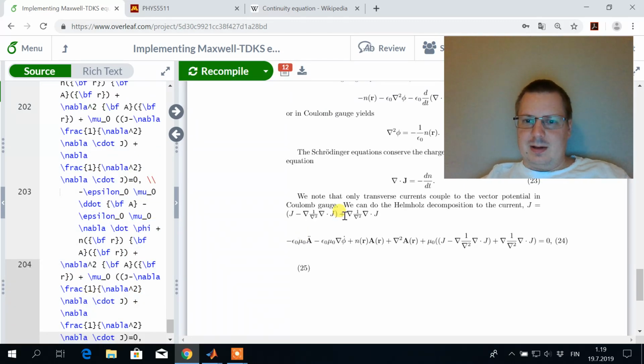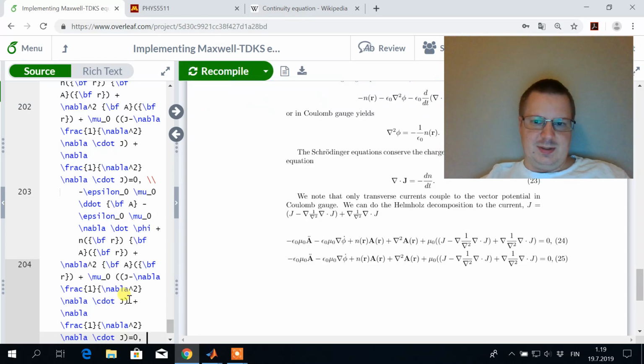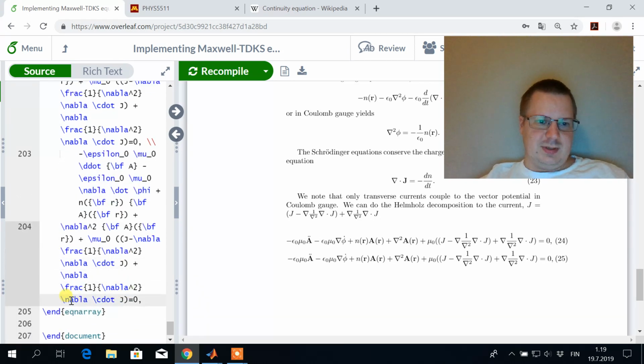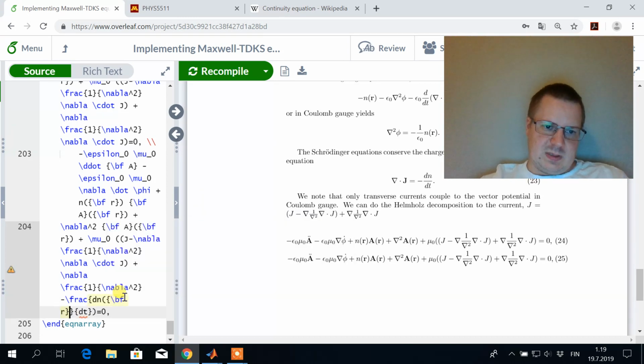then we can substitute the nabla dot J with the continuity equation, so minus dn/dt. So there's nabla dot J, so I will substitute minus dn/dt. And this depends on r.